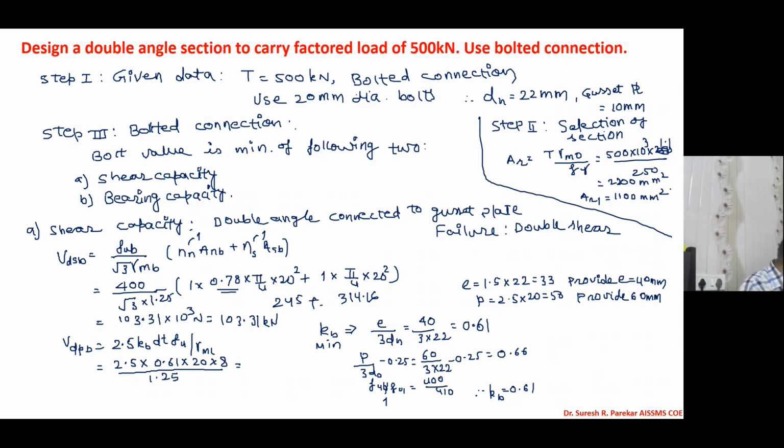And already in the last example, we have selected this angle. Just a second, I will check that angle section for 1100, and we have that angle section selection, that is 90 by 60 by 8. So we have angle 9068.